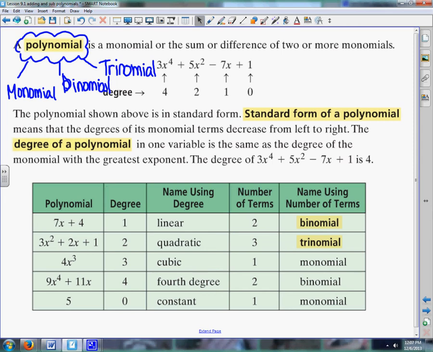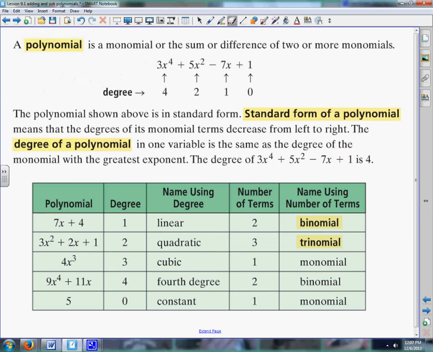So, the polynomial shown above is in standard form, because each separate term decreases in degree from left to right. I start with 4x to the fourth, and then I have x to the second, and then I have my x, and then my numbers go last.